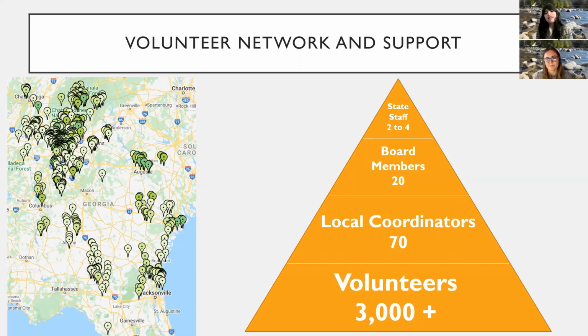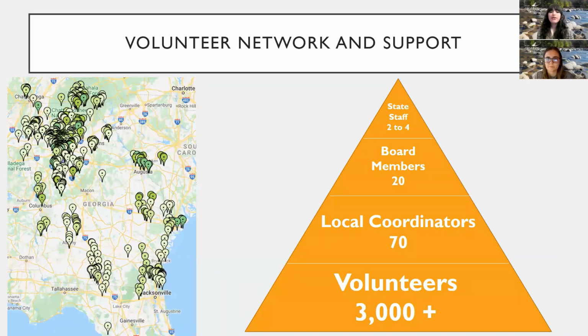The next level up the pyramid are the local coordinators. Local coordinators or trainers are really important because they provide the training and support to regions throughout the state. Their role is to stay up to date with the information that the state and local governments put out.